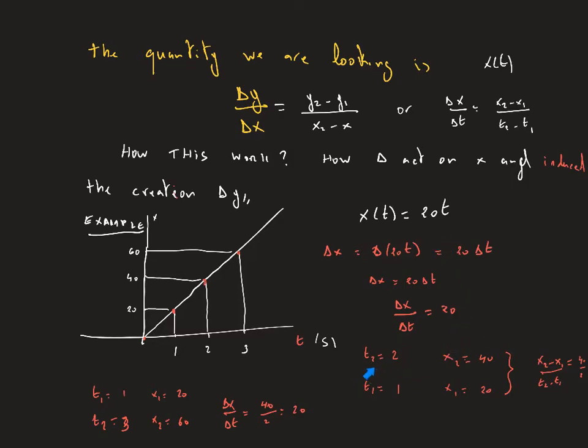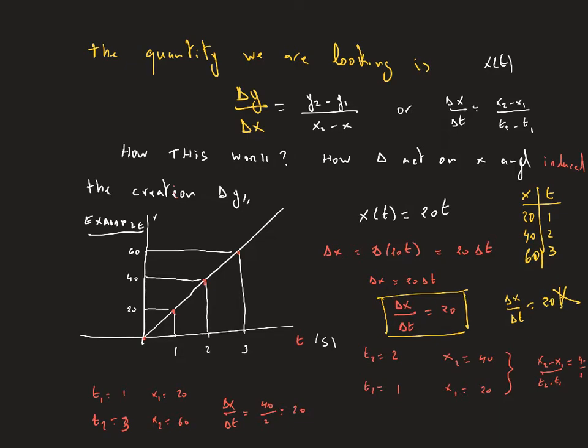So if I make this delta, the equation says that delta x divided by delta t is 20. It doesn't say that delta x divided by delta t is 20 times t, for example. It says 20, no t, 20 is a constant.